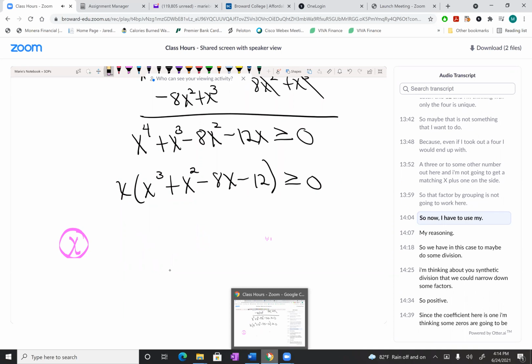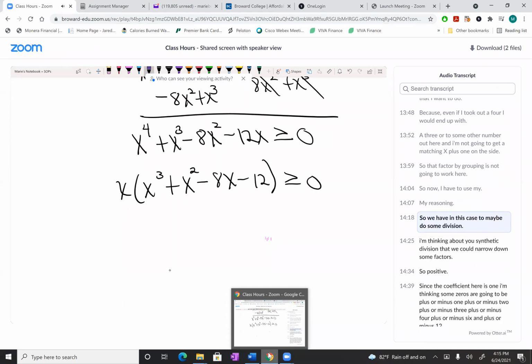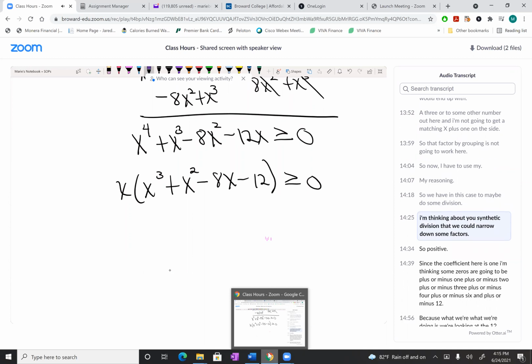So now I have to use my reasoning. So we have, in this case, to maybe do some division. I'm thinking if I use synthetic division that we could narrow down some factors.